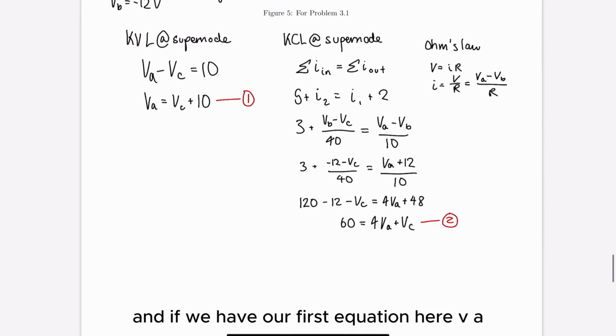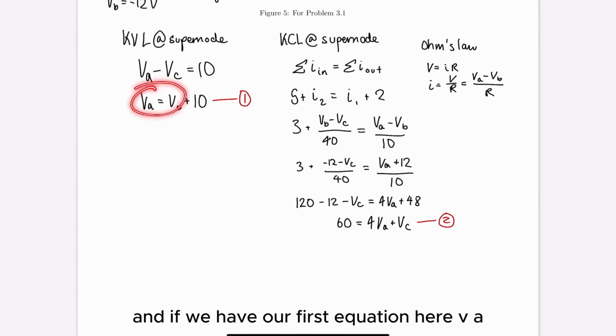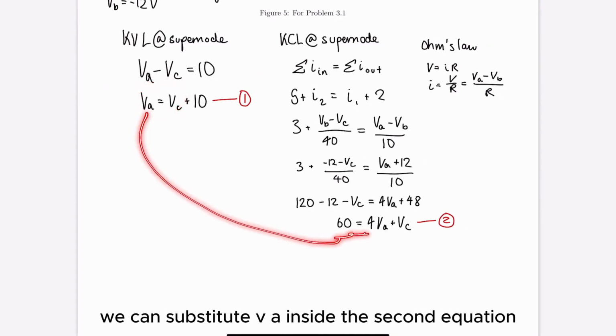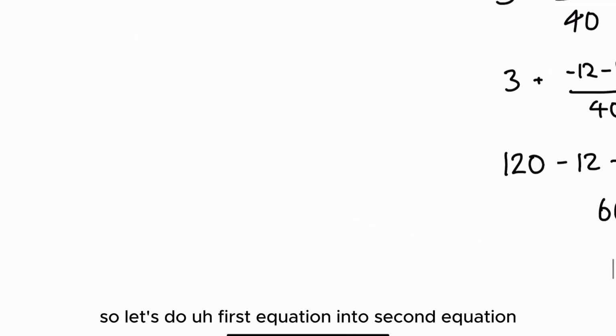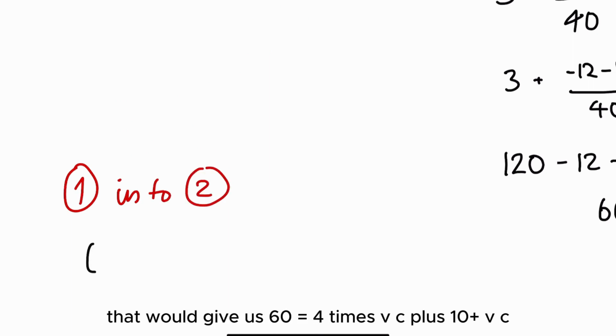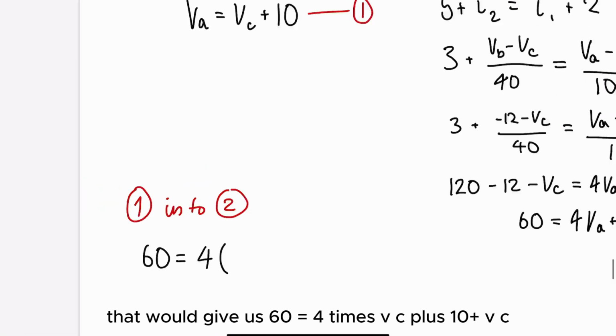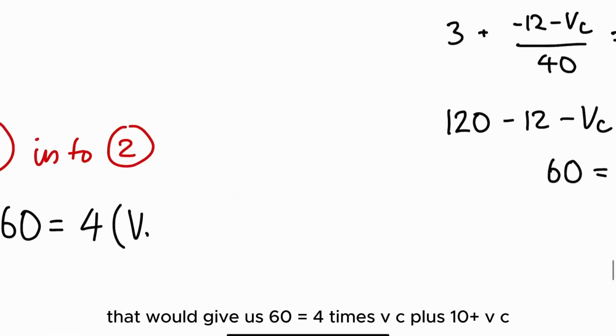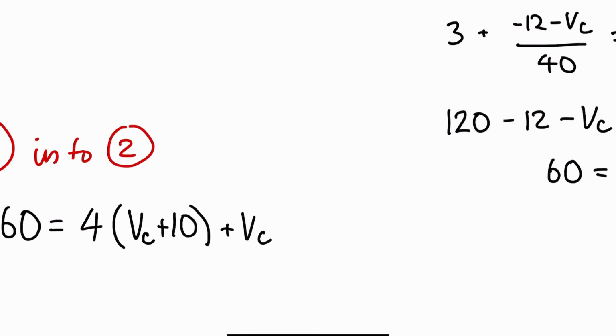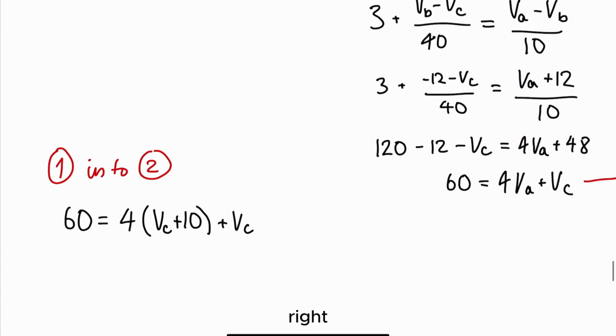And if we have our first equation here, VA, we can substitute VA inside the second equation. So let's put the first equation into the second equation. That would give us 60 equals 4 times VC plus 10, plus VC, right?